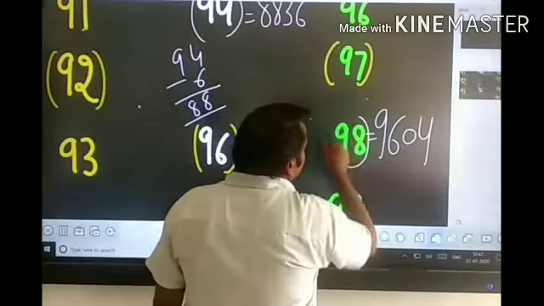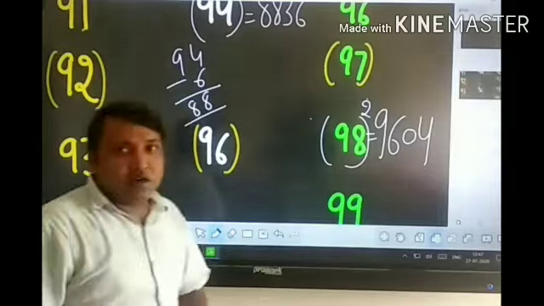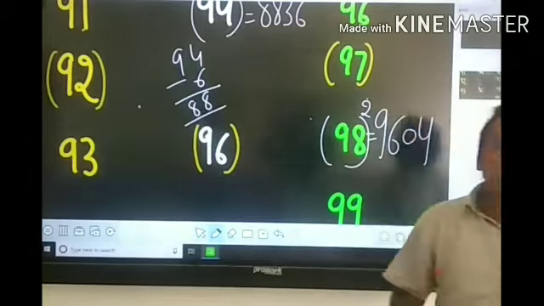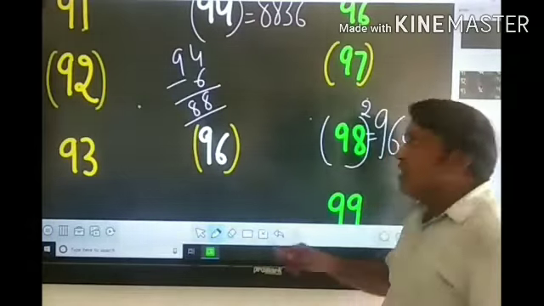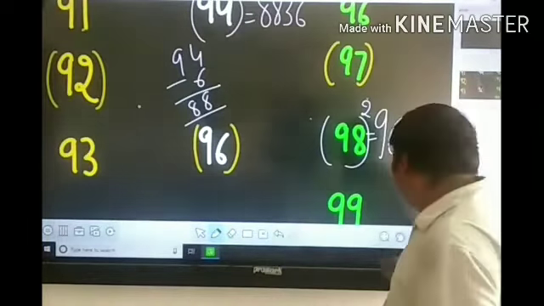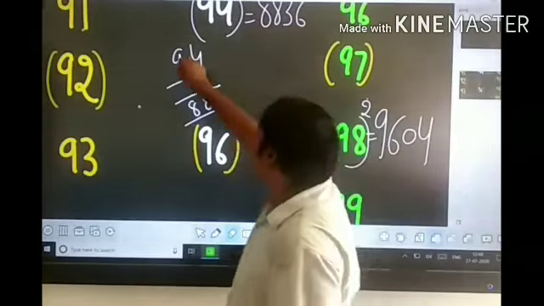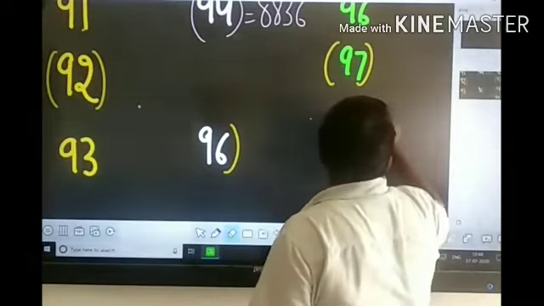Now this is the square of 98. It means if you multiply 98 with 98, then you get the answer 9604. So students, we can apply this rule for all the other numbers starting from 91.